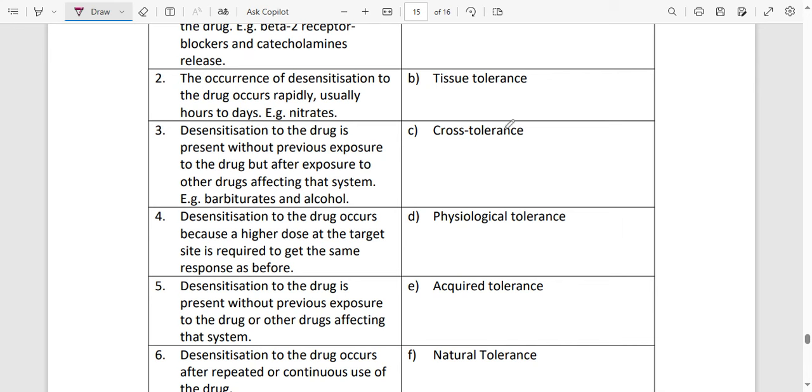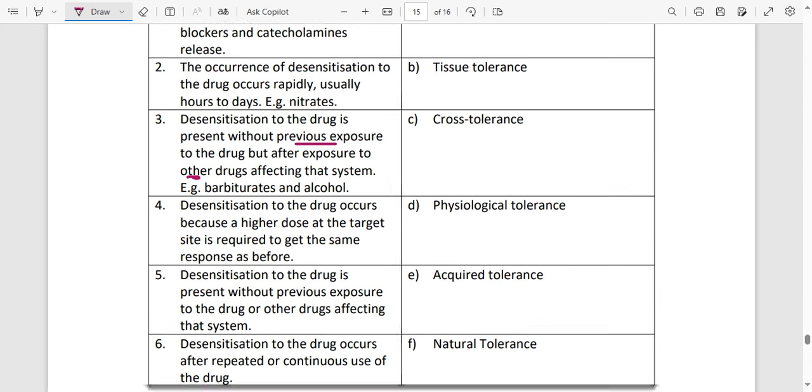So remember this one: there is desensitization to the drug without previous exposure, but after exposure to other drugs. So you have two different drugs. Because you have been desensitized to one, you end up getting desensitized to the other one. So that is cross-tolerance. Remember two things, cross tolerance.